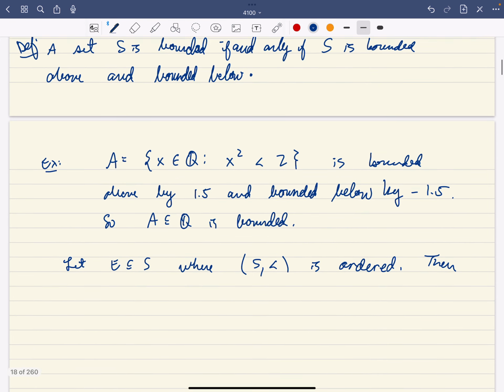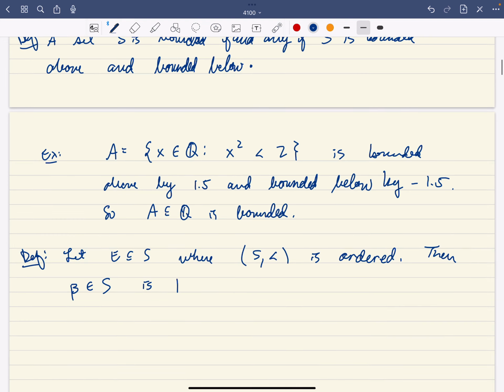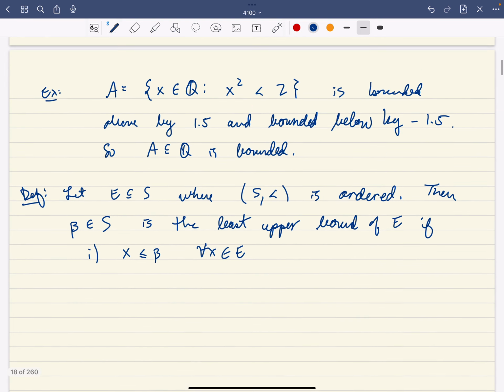Then we're going to say that a value beta in S is called the least upper bound of E if beta is an upper bound of E. So in other words, x is less than or equal to beta for all x in E. Every value in E is bounded above by beta.